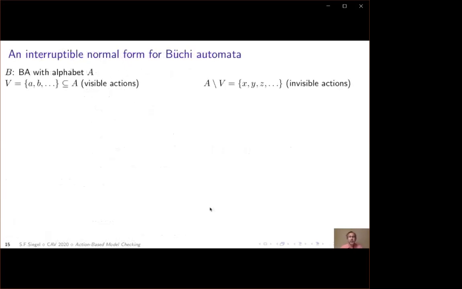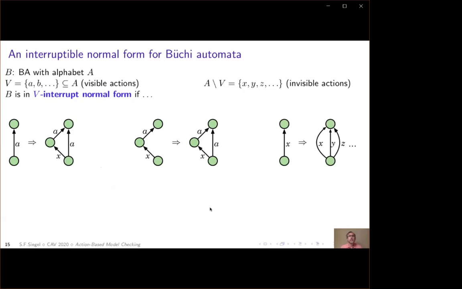We also define a certain normal form for Buchi automata. Let B be a BA with alphabet A and V a set of visible actions. Then we say B is in V-interrupt normal form if it satisfies a few simple structural conditions.